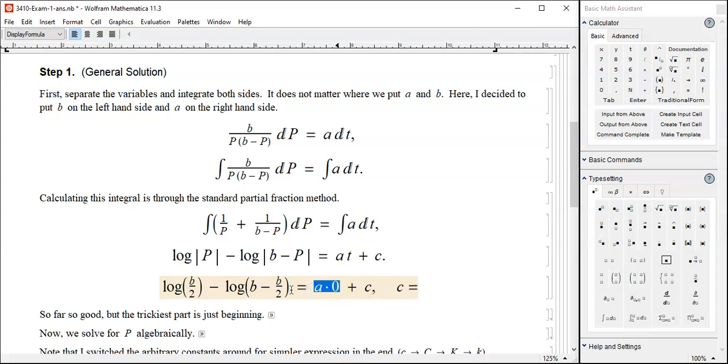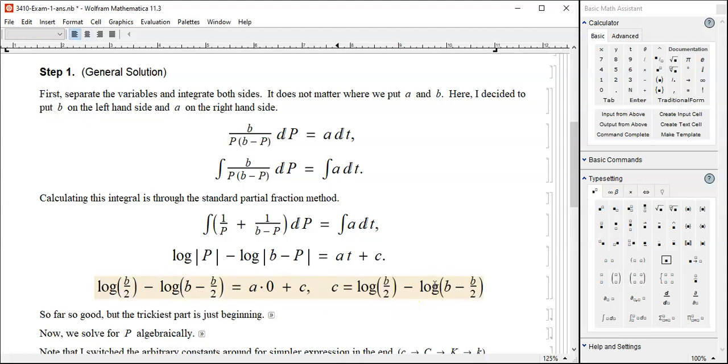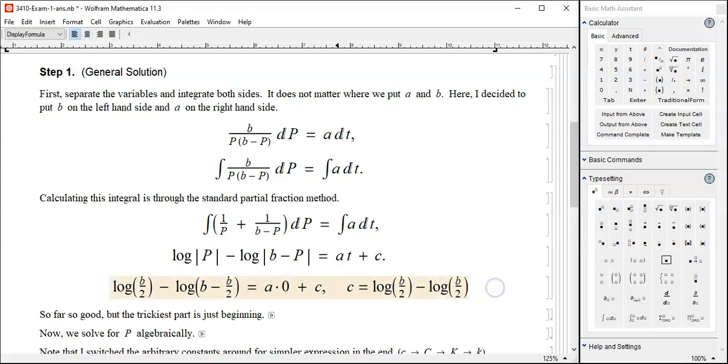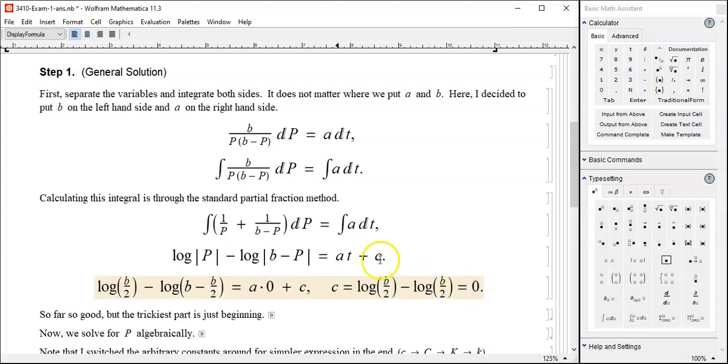This is 0, so I don't have to worry about it. And then this part is going to be your c value, but if you simplify, what do you get? Log of b over 2 minus another log of b over 2 gives you c equals 0. So this part is just 0, and then go back and work out. You're going to get your p in a little bit more explicit form, but implicit form is acceptable.